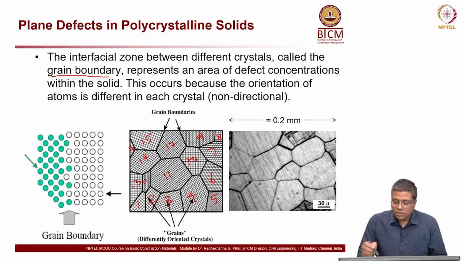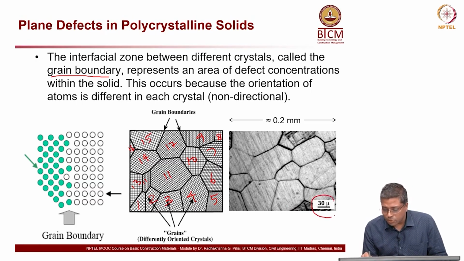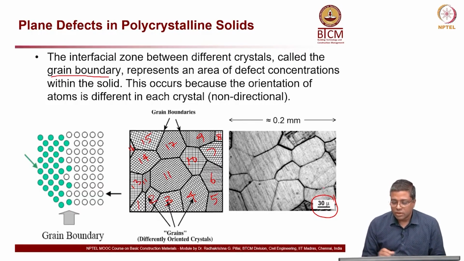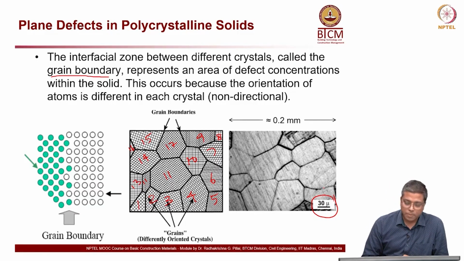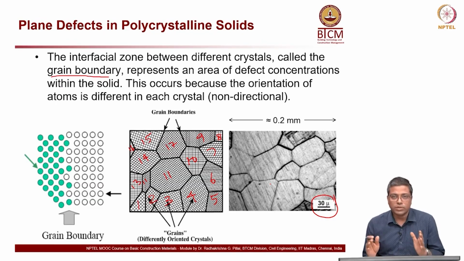Similarly, a real picture is shown as the third photo, the photograph on the right side. And here you can see there is a scale. Whenever we look at a microscopic image or a micrograph, we usually put a scale there, to understand the range of the size of the grains which you see here.